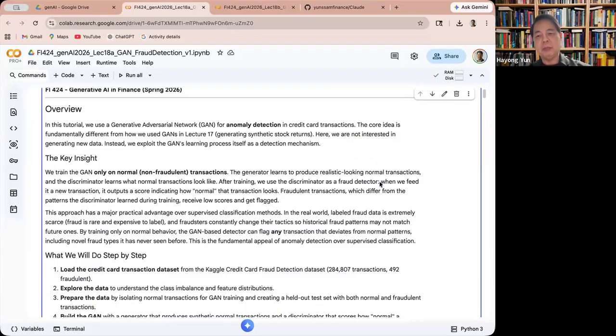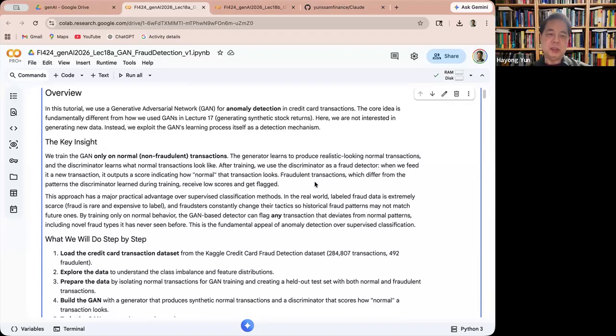Then, when we apply the trained model to normal and fraudulent data, the discriminator, or the critic, will score high for the normal transactions, but for fake data it has never seen, it will give a very low score and say it's fake data.